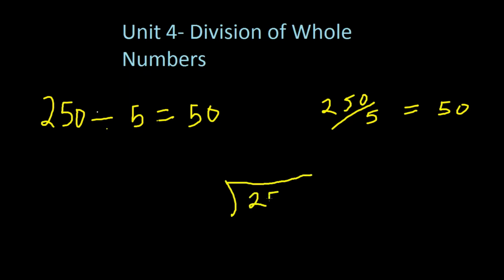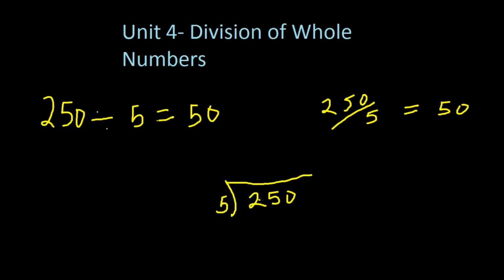So 250 divided by 5, and the way you work this is you work from the left to the right now instead of right to left, as we've done in the addition, subtraction, and multiplication. So working from the largest number down to the smallest, will 5 go into 2? No, 5 will not go into 2.